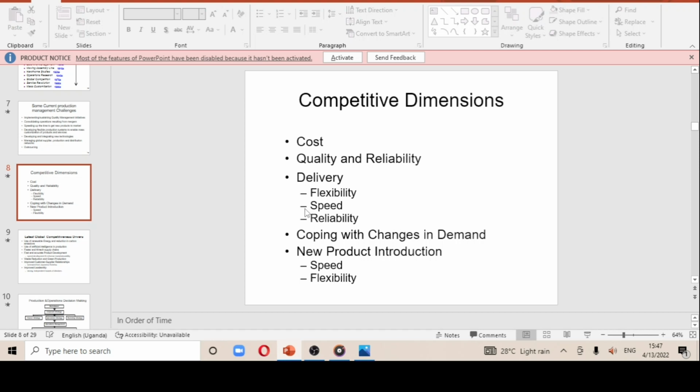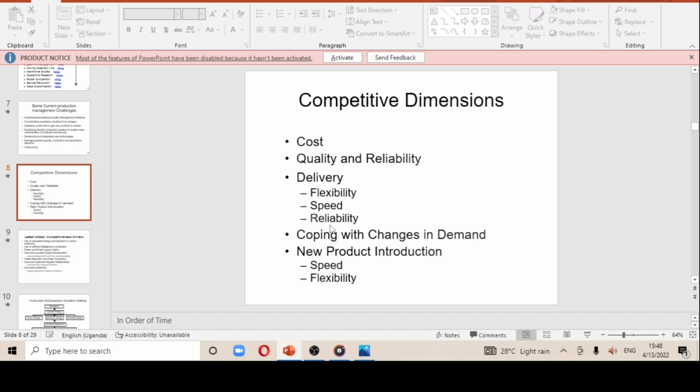If we are two competitors, and I distribute within 2 days, and the other one is taking months to distribute the phone, obviously the customer will run to me because I'm taking a shorter time. Then reliability: can you personally, or the customers, rely on your distribution channel, according to the way you distribute?